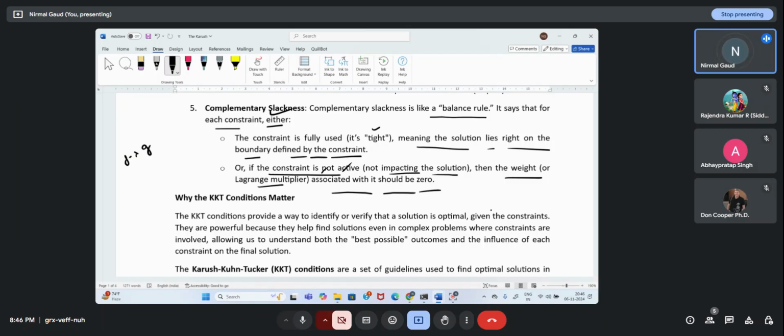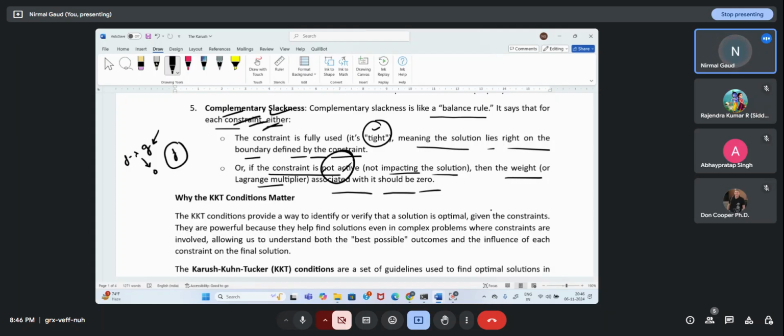So if this constraint is not impacting f, that means lambda is 0, then I am only having f, so that will be an unconstrained equation. So either it should be tight, active, or it is not active. That is controlled by this Lagrange multiplier. So this statement is for the Lagrange multiplier only.